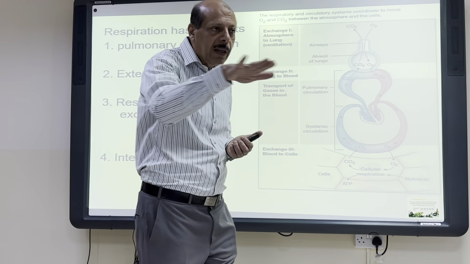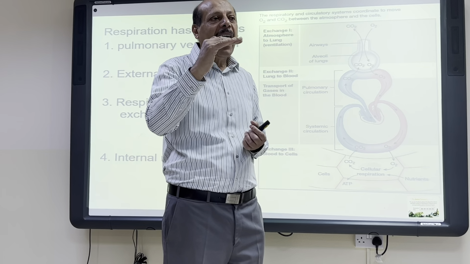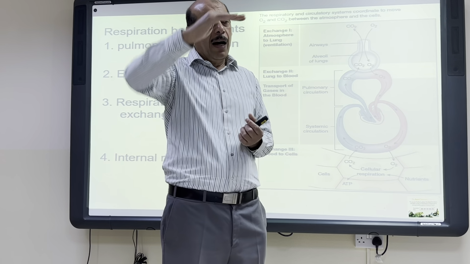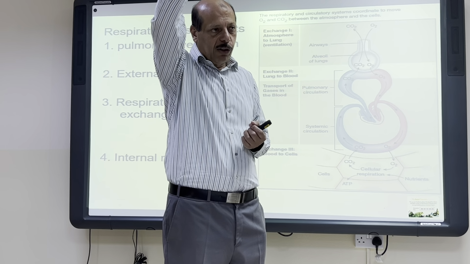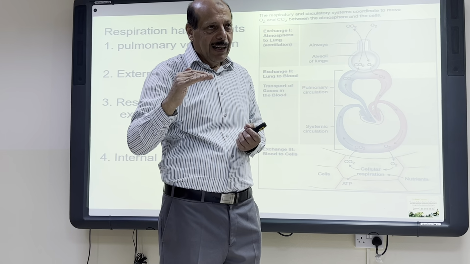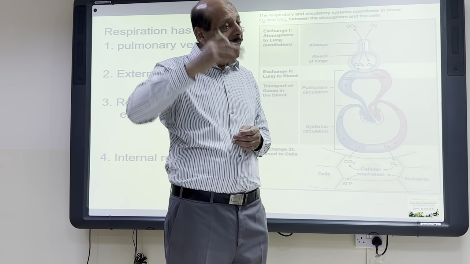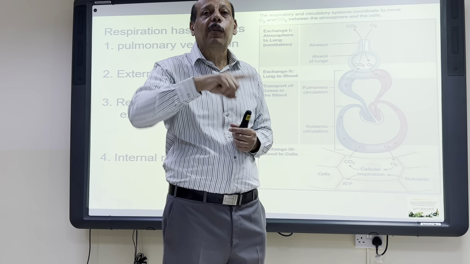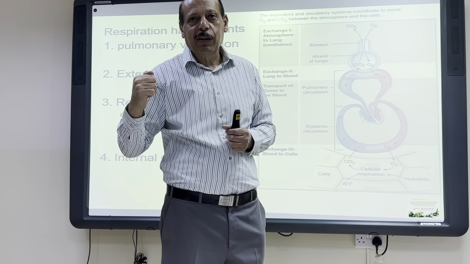It depends upon our level, the height from the level of the sea. When we are going up, the concentration of oxygen will be less. Because of that, those who are living in higher mountains usually have more hemoglobin. Why will it be more?